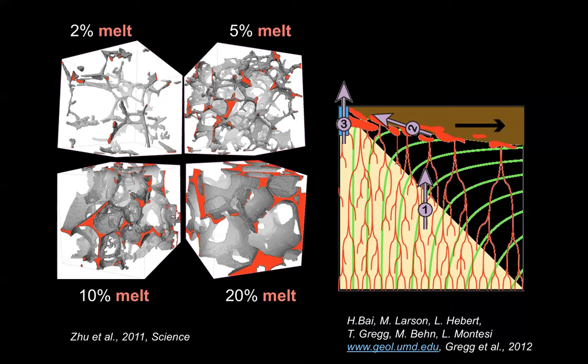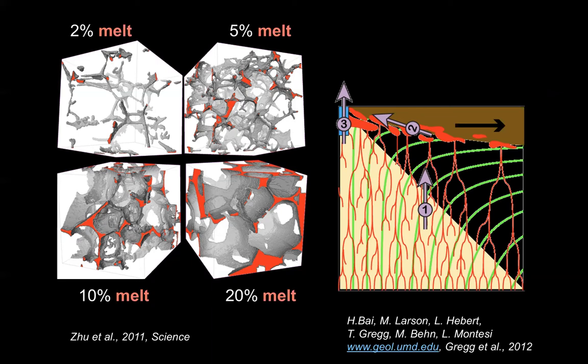And what they're showing us is if you have only about 2% of melt in your three-dimensional package of mantle, that's going to look a little bit like where we see these red intersections at the edge of the box, but within our mantle chunk, it would look like these gray interconnected networks.